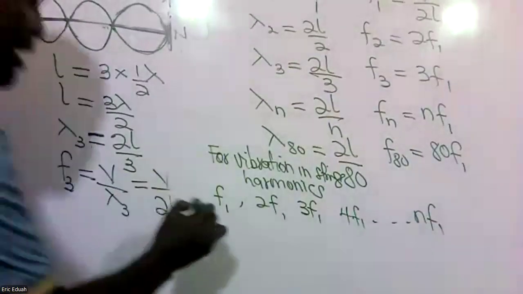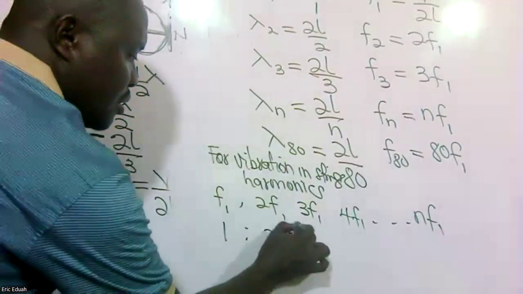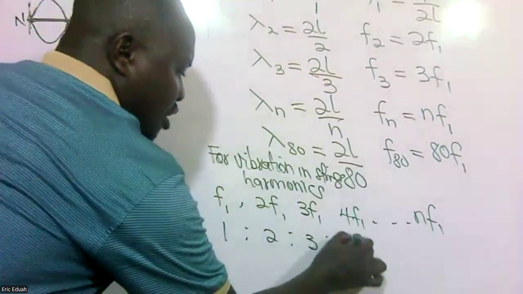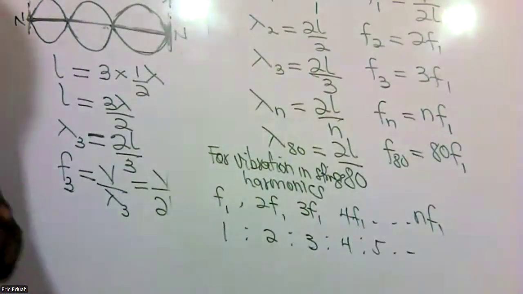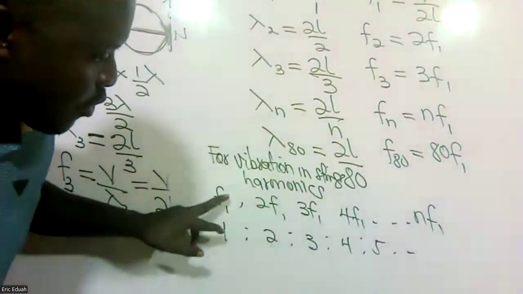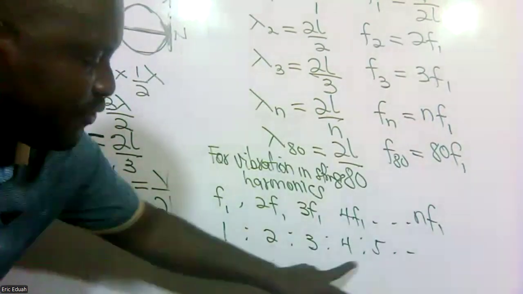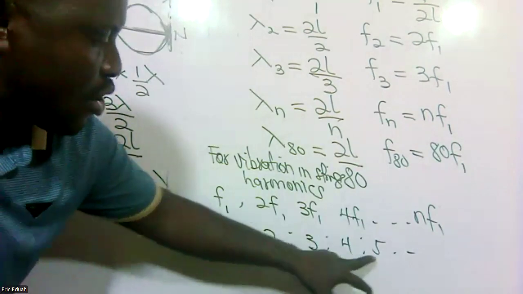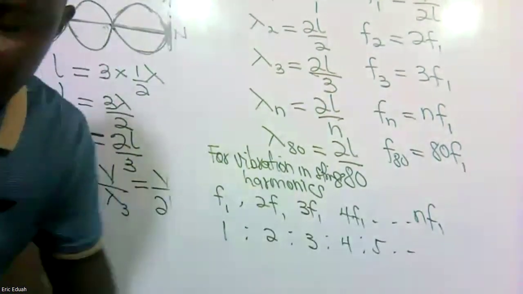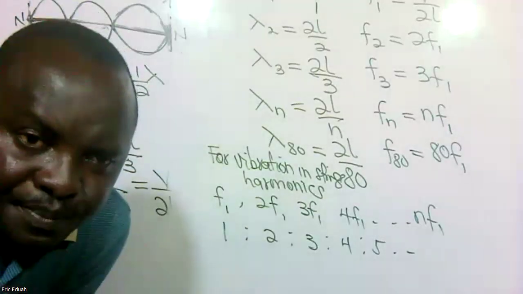Meaning we had 1, 2, 3, 4, 5, on and on. So the harmonics for vibration in strings are both odd and even, a mixture of both.